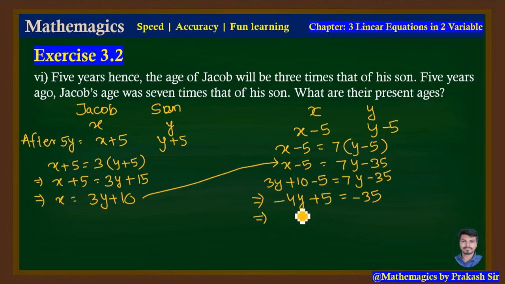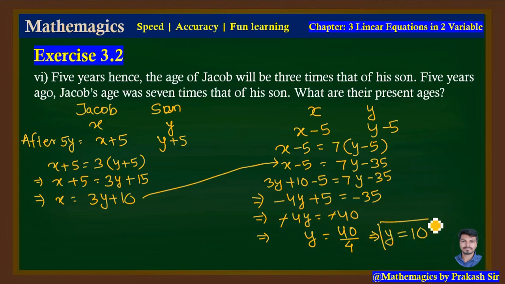This implies that minus 4y is equal to minus 35 minus 5, which is minus 40. Minus and minus cancel and y is equal to 40 divided by 4, which implies that y is equal to 10.